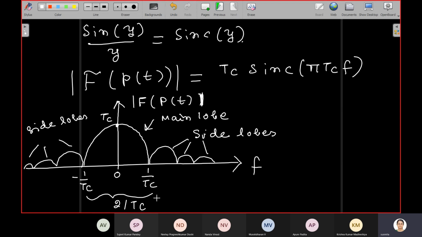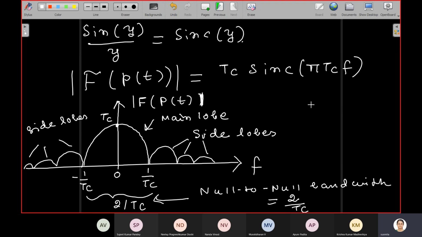And the width of the main lobe is actually the null to null bandwidth. And we see that it is equal to 2 by Tc. It depends on the chipping rate. So basically, it is proportional to the chipping rate, because 1 by Tc is the chipping rate.